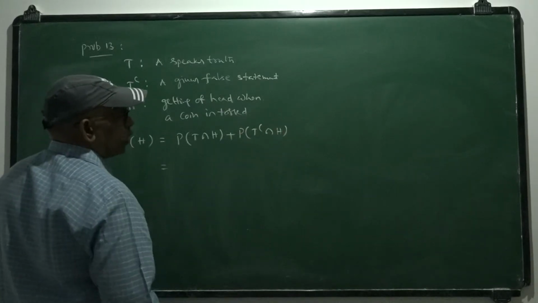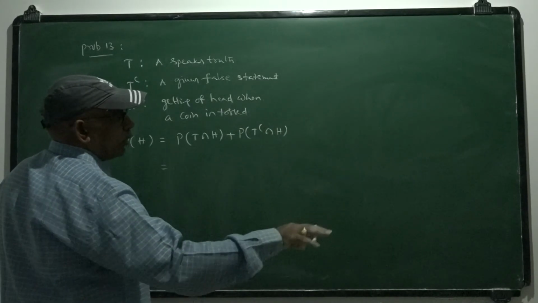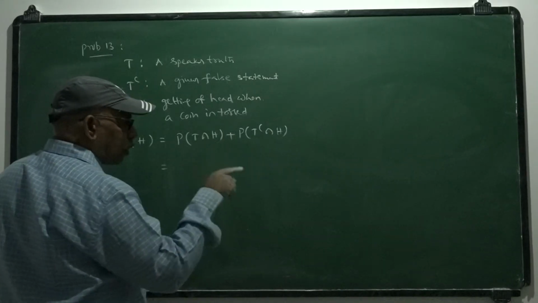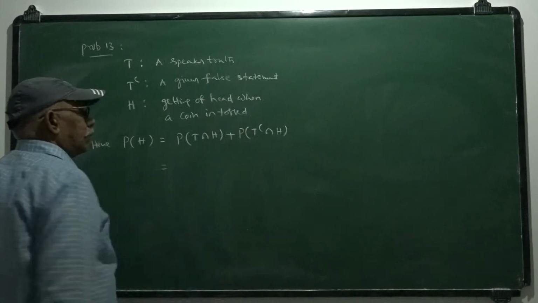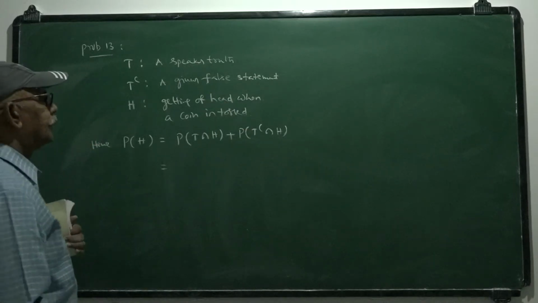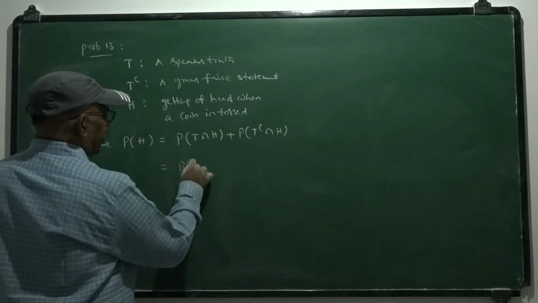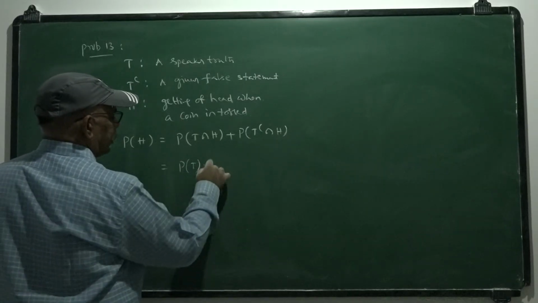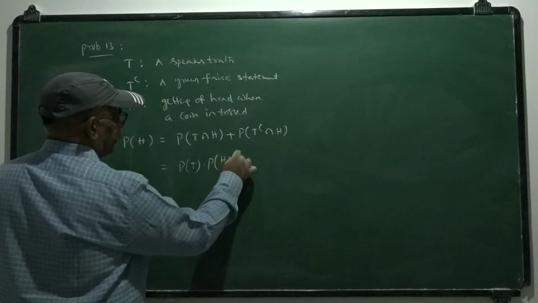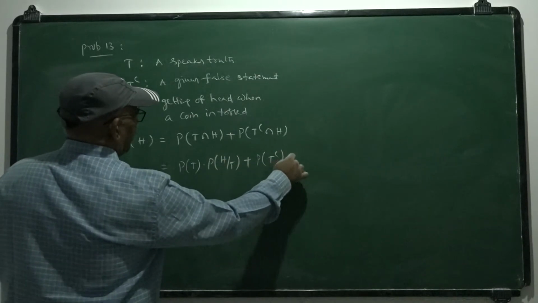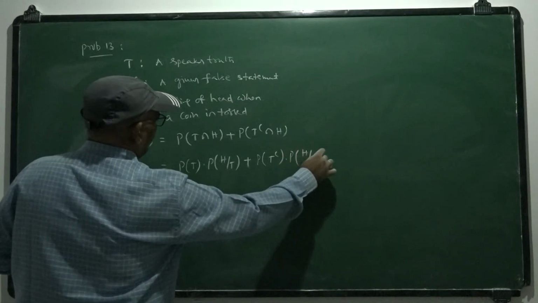That means he gives the false statement, as it is head he says, even though head has not appeared, he says that it is head. That is the case. So this is probability of T into probability of H on the occurrence of T, and probability of T complement into probability of H on the occurrence of T complement.